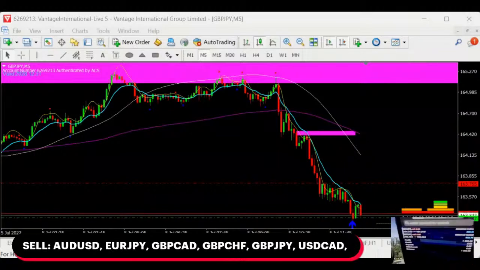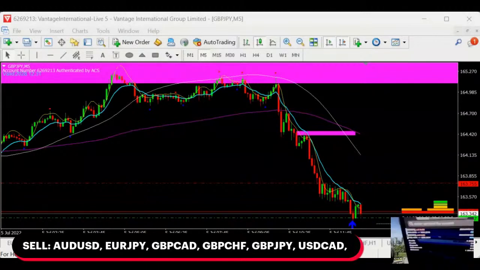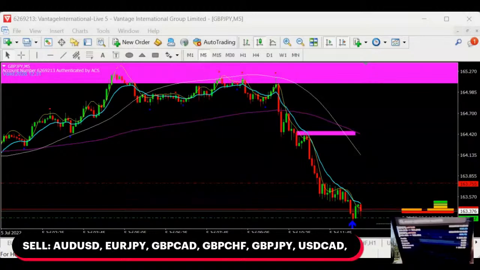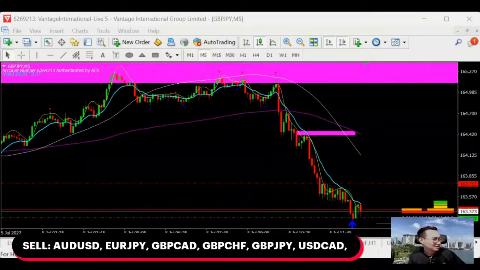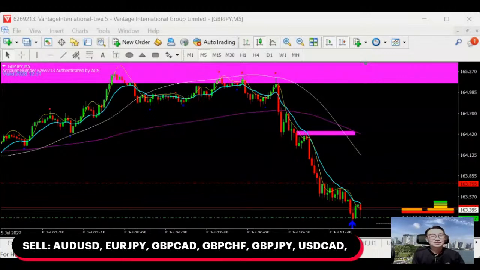I think earlier on I missed out one, so after that I caught back with these last two trades. Today, 1,002 plus for me.